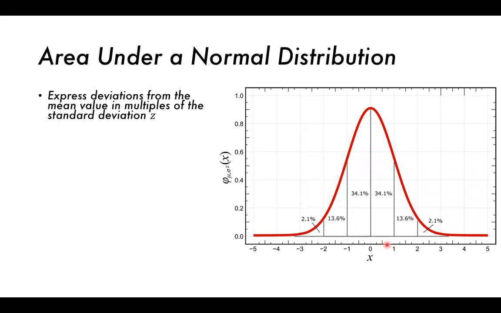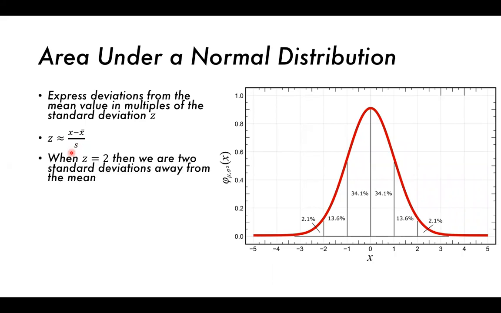We can express these deviations from the mean in terms of multiples of the standard deviation, and we'll label that Z. So our standard deviation is S, and this is going to be Z for each one of our segments. So for example, 0 to 1. And so Z has this approximate relationship with the X value and the mean and the standard deviation. X minus the mean, divided by S, is going to give us our Z value.